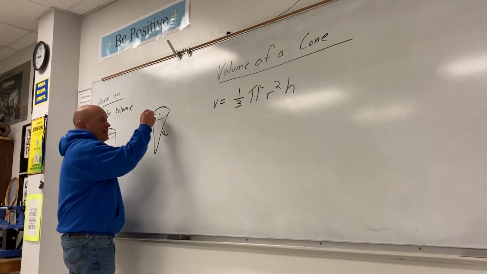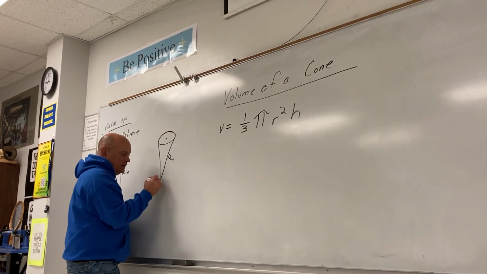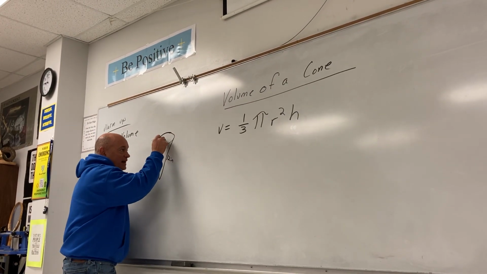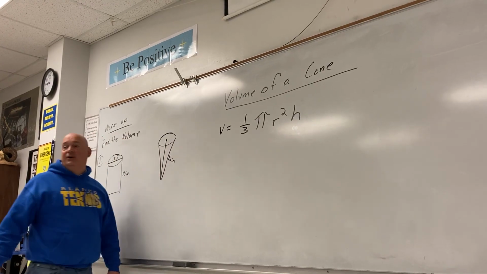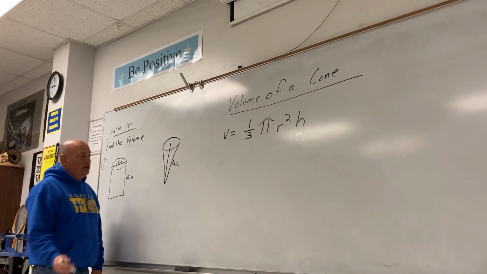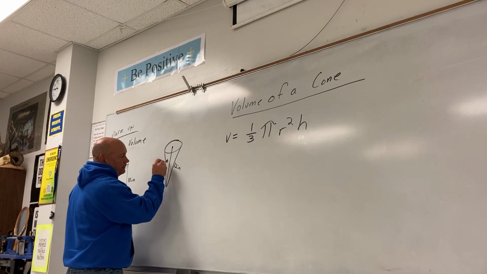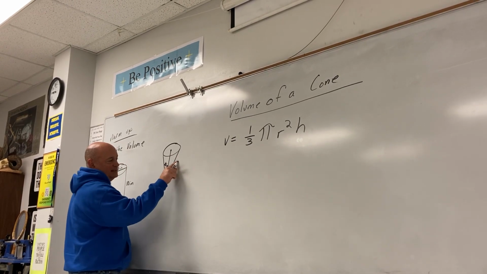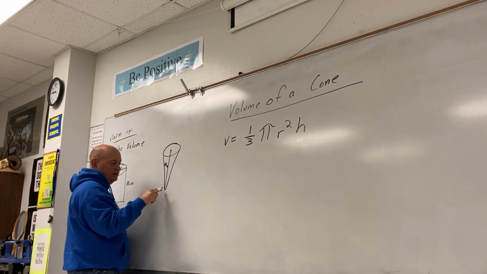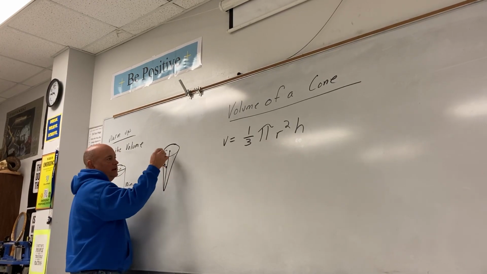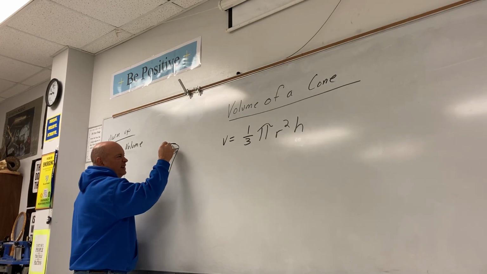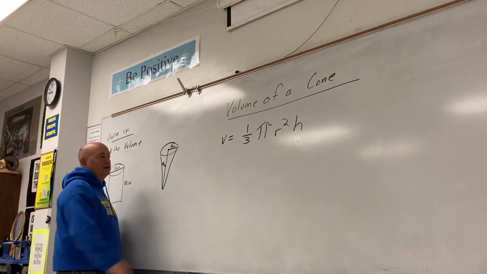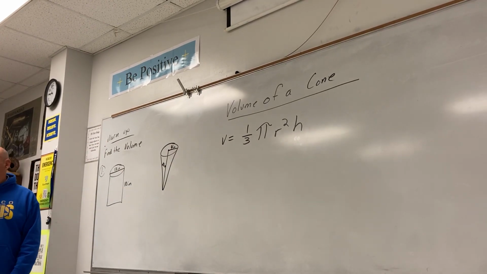The height is from the center of the cone to the tip of the cone. This would be the real height. So let's call that 10 inches. We don't need the slant height. This side is never the height. It's always from the center to the tip of the cone. And then let's make a radius of 4 inches. Let's find the volume of this bad boy.